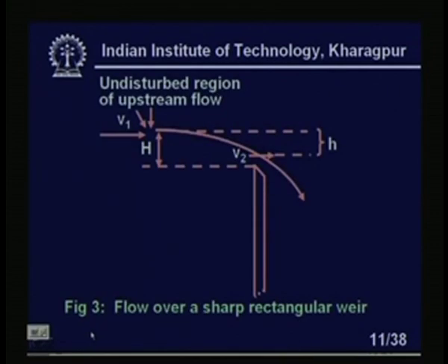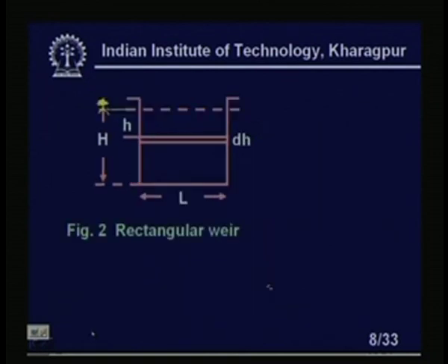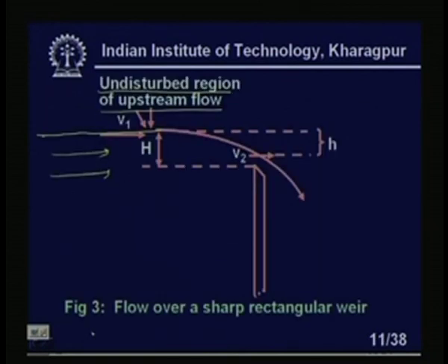here you see what will happen, let us go back. Anyway, this is the distance h. In the previous slides, you see we have taken a small section dh of height dh at a height h from the undisturbed region of the upstream flow.